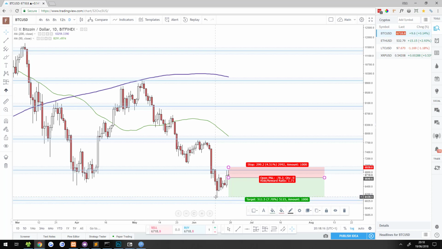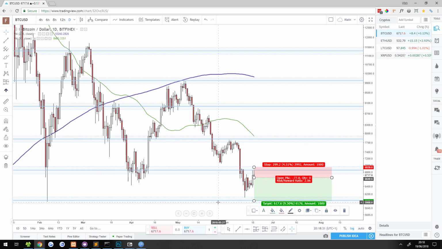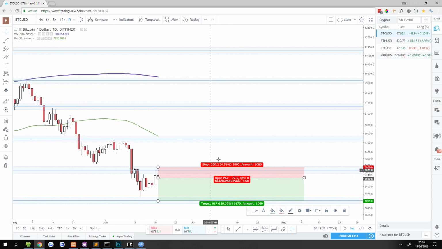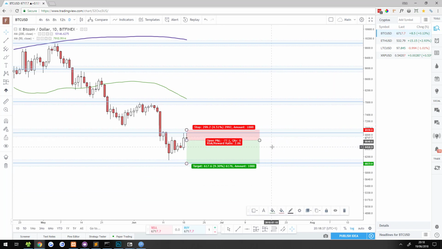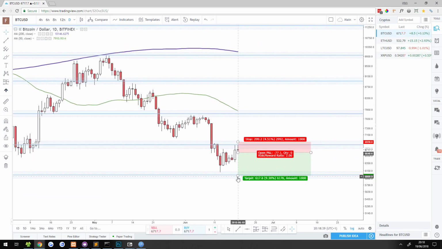But when it gets to around 6,150, if it gets to 6,150, do start considering exiting because this area is strong. I wouldn't hold it much past the 6,050. That's just my personal opinion on that because I really think that price might struggle to get through this area at least one more time.